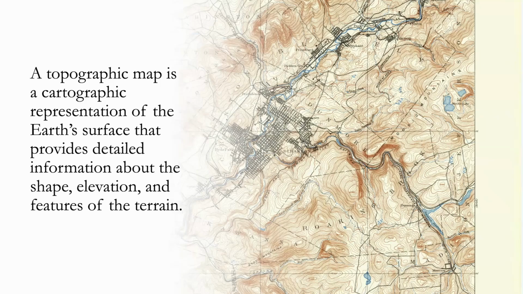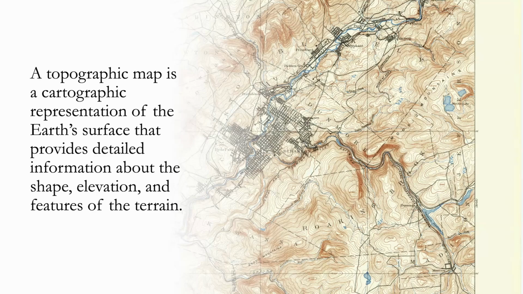So these are hardly what you would call out of date or not useful anymore, because they record more than 100 years of information about the way that the land was developed, and the property and the towns and geographic features.